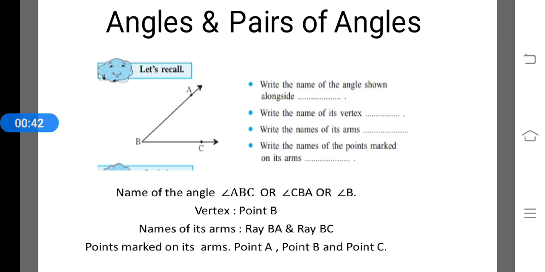Write name of the points marked on its arm. Point A, point B, point C are marked on its arms. What is an interior of an angle?